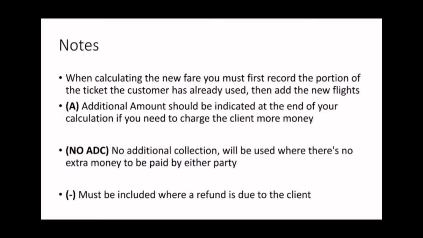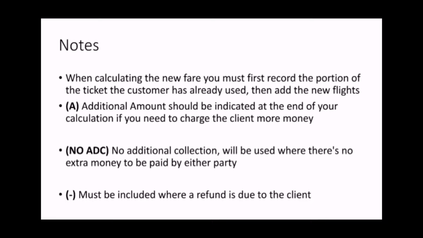There is a code there in brackets, capital letter A, which stands for additional amount. This you will indicate at the end of your calculation if you need to charge the client more money. No ADC means no additional collection.